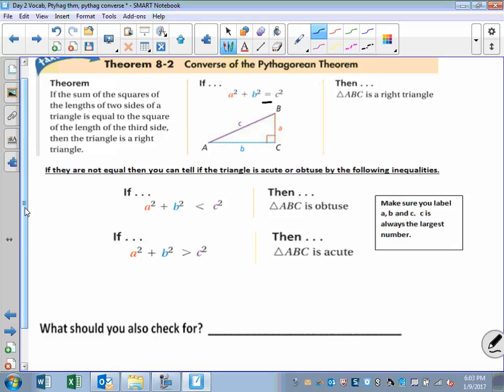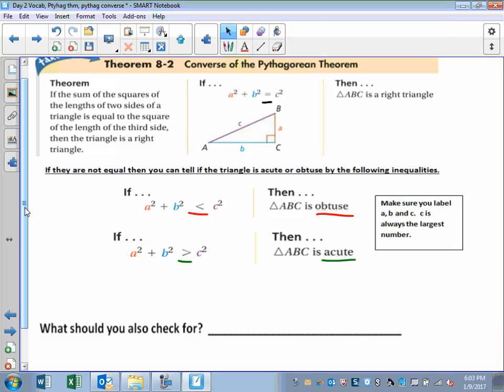But those are not our only options now. So a squared plus b squared could be less than c squared. Then it's going to be an obtuse triangle. If a squared plus b squared is greater than c squared, you're going to have an acute triangle.